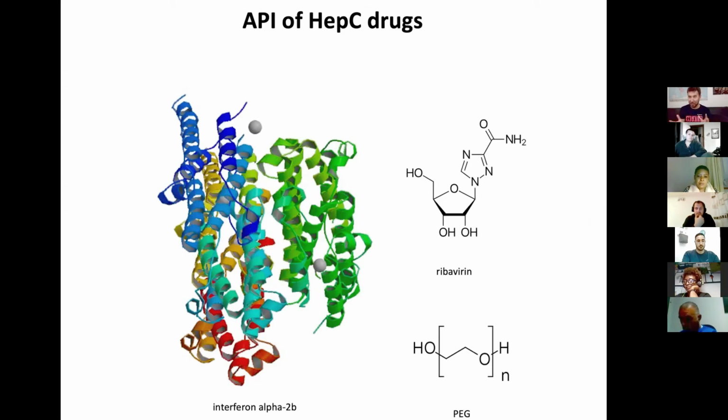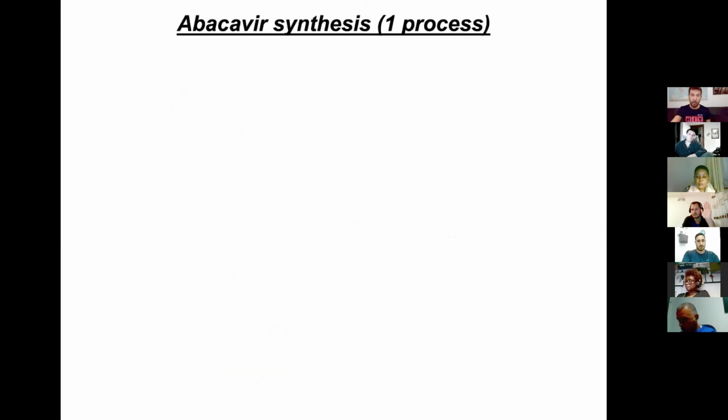So you can see even in Wikipedia, if they don't explain how this compound was produced, you can already understand from the picture if we are speaking about a small molecule and chemical synthesis, or about a big molecule and a biological product.